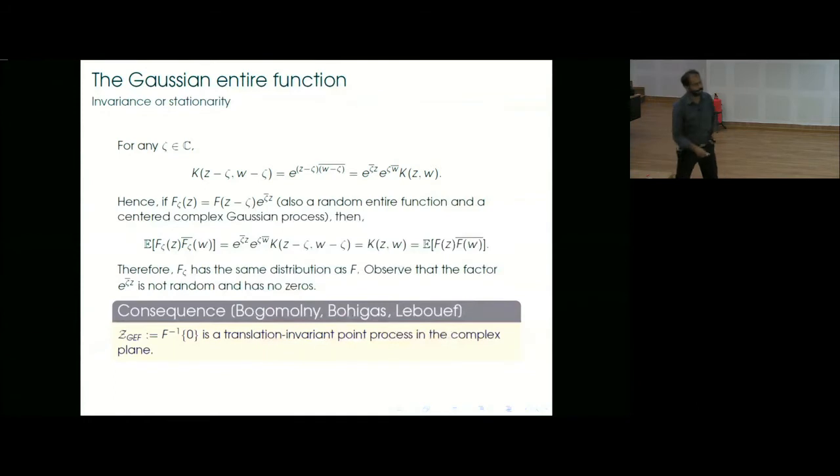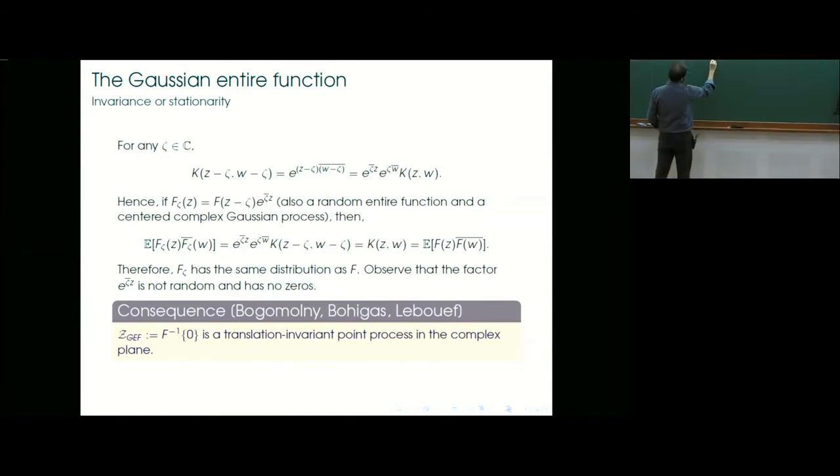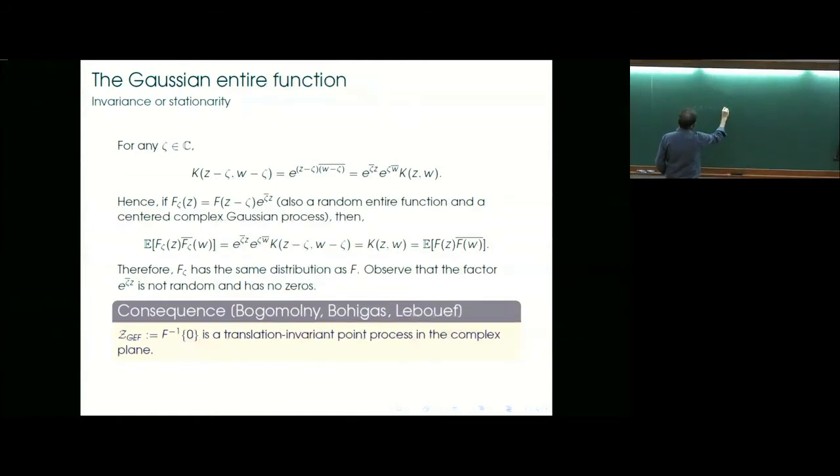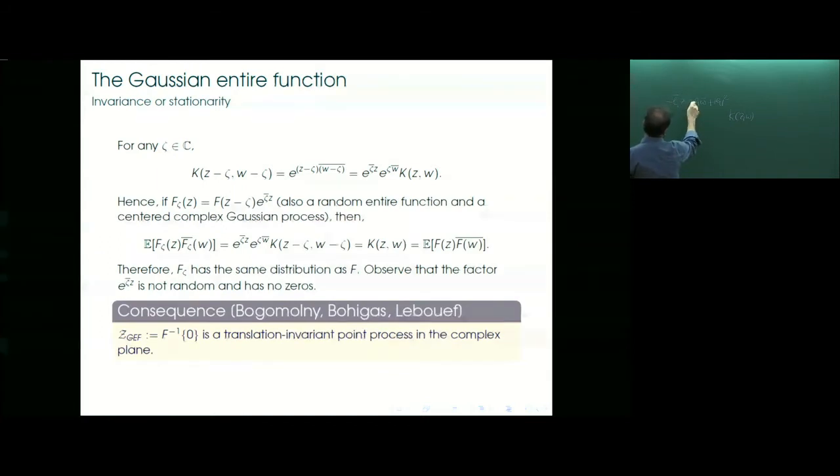It is e^{minus zeta bar z minus zeta w bar plus mod zeta squared} times k(z,w). Sorry about that, I should have had all the signs.